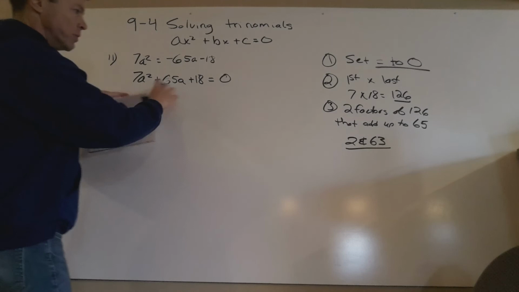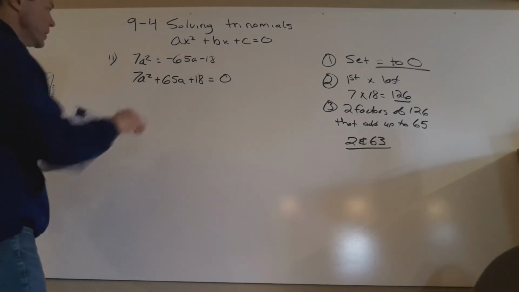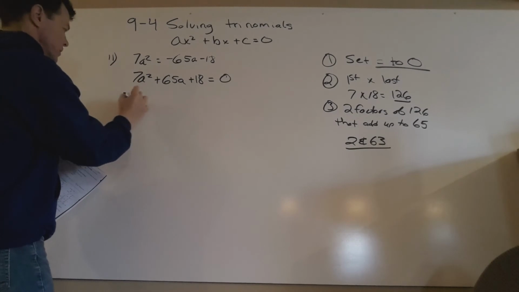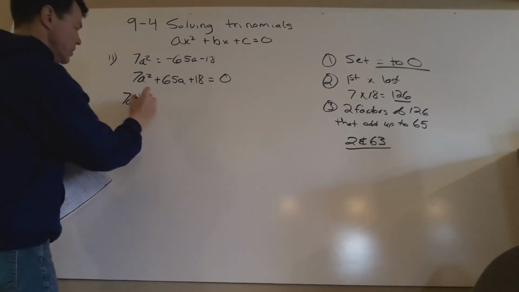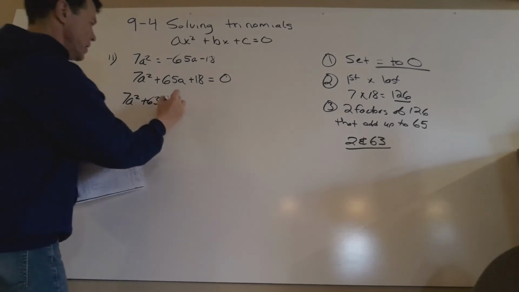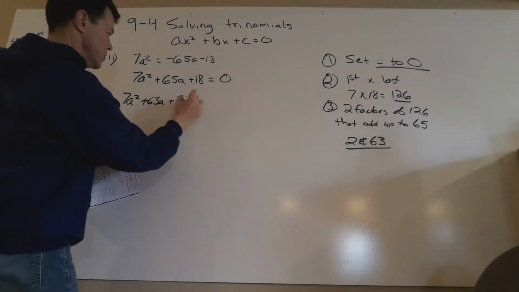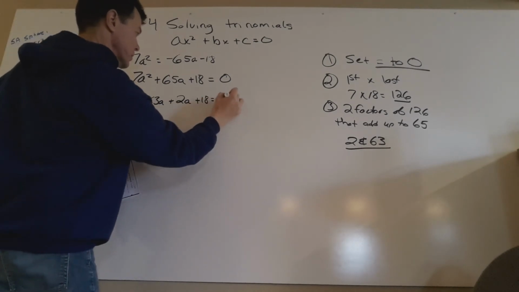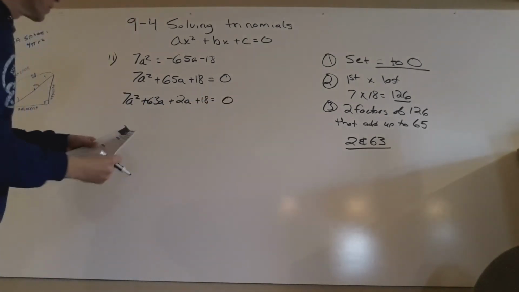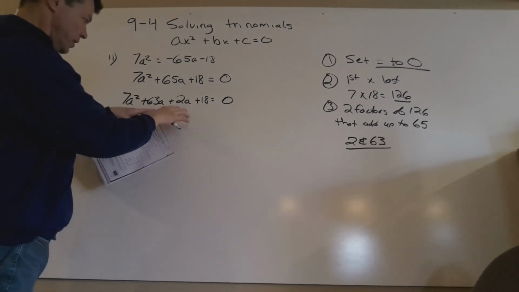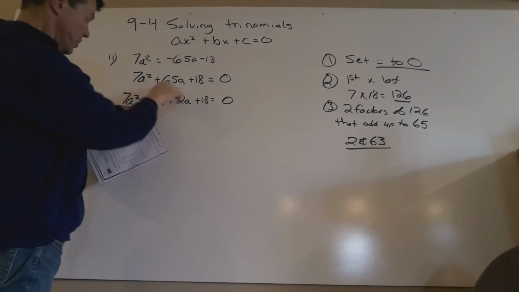It doesn't really matter which side you put these on. I'm going to put the 63 here with the 7. So 7a squared plus 63a plus 2a plus 18 equals 0. So these two middle numbers, when they're combined, it's got to equal the middle.